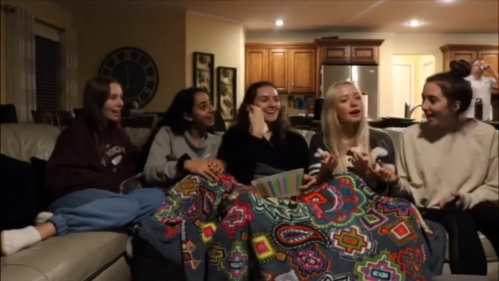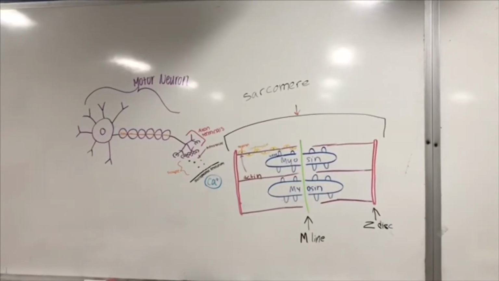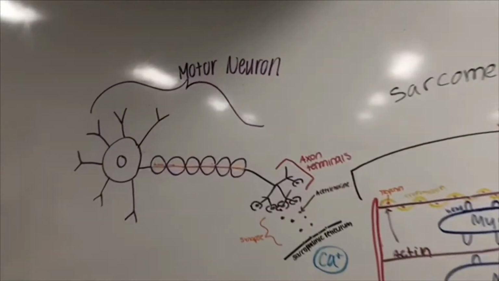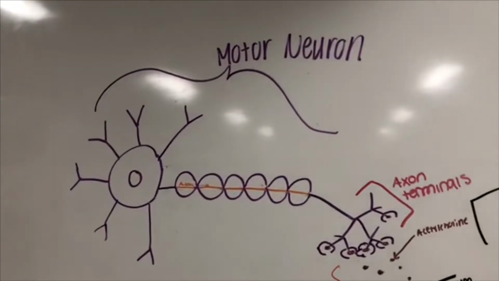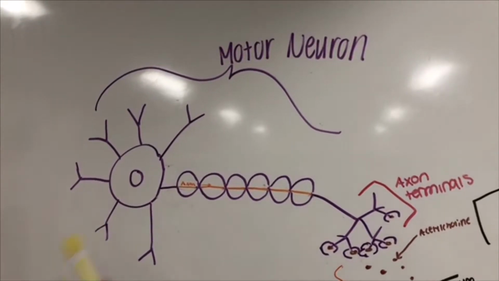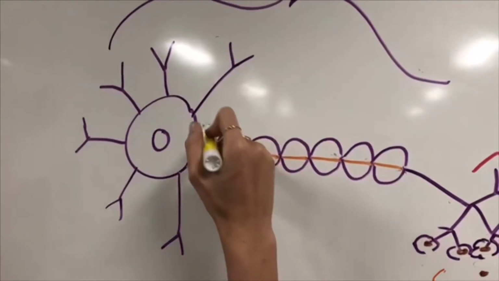Hey, this reminds me of what we learned in anatomy about the sliding filament theory. Do you guys remember that? Oh, yes. Flashback. This is a diagram of the steps of the contraction of a skeletal muscle. We first start in the motor neuron, in which the action potential is sent down the axon of the motor neuron, seen here.